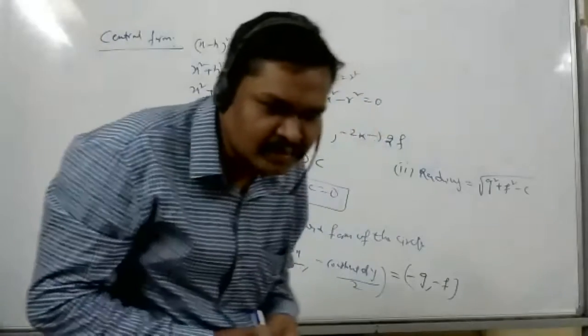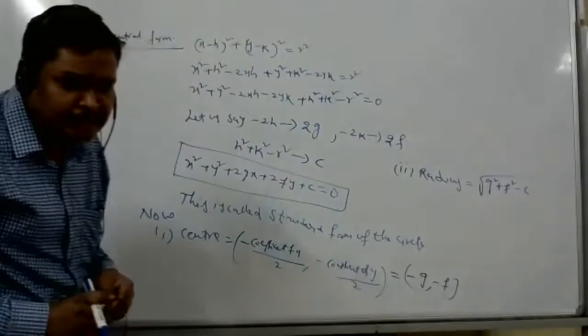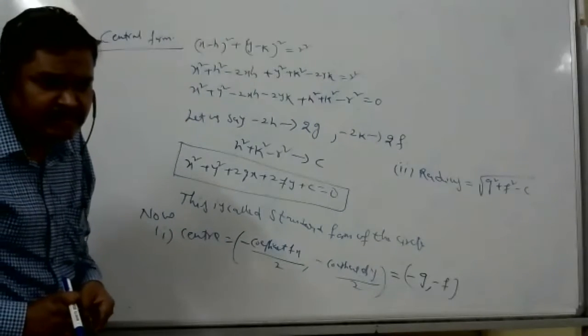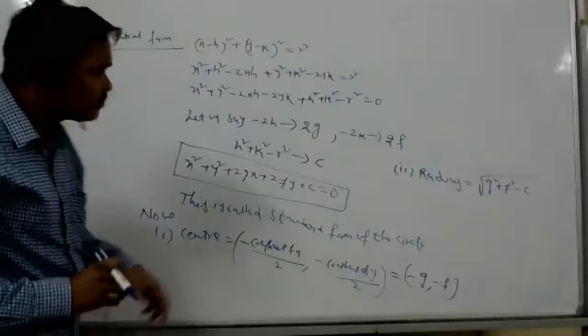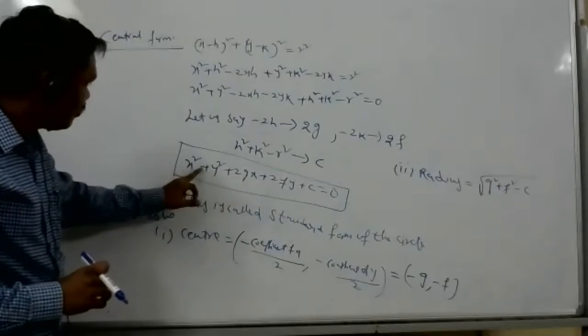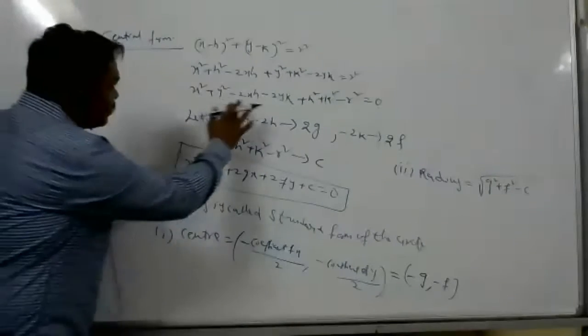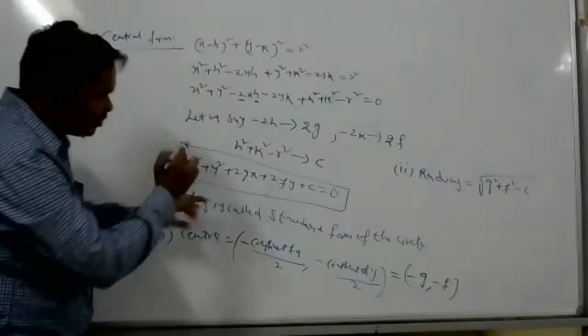Sir, I wanted to ask a doubt. Sir, can you explain what you did after substituting minus 2h and minus 2k? After that, what did you do? x square plus y square, in place of minus 2h, 2g, right?